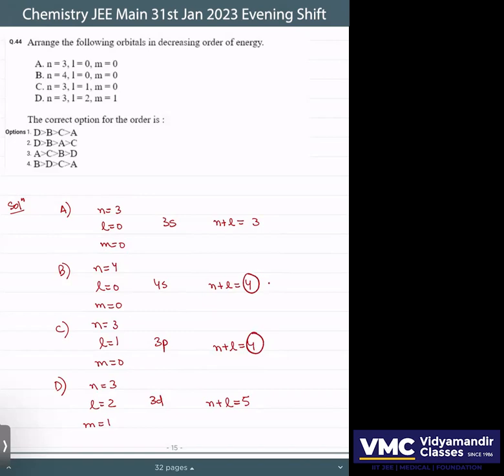So our answer will be 3s will have least energy, then 3p, then 4s, and then 3d. Which means option D has higher energy, then option B, then option C, and then option A: D, B, C, A, which is given in option first. So our answer is option first.